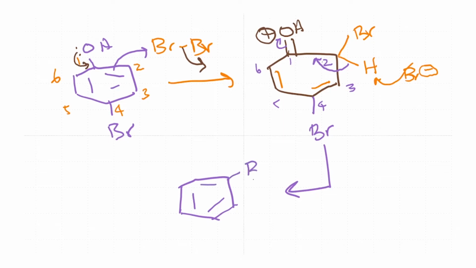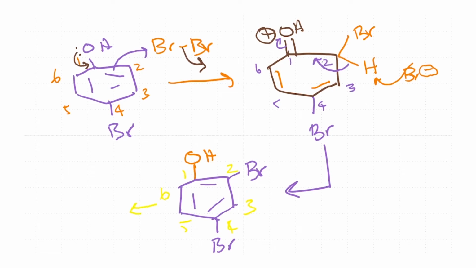So Br is here, Br is already here, and now your OH is restored, and just to complete the numbering, this is 1, 2, 3, 4, 5 and 6. Okay, so this is how the second bromine adds in, it's a substitution reaction.